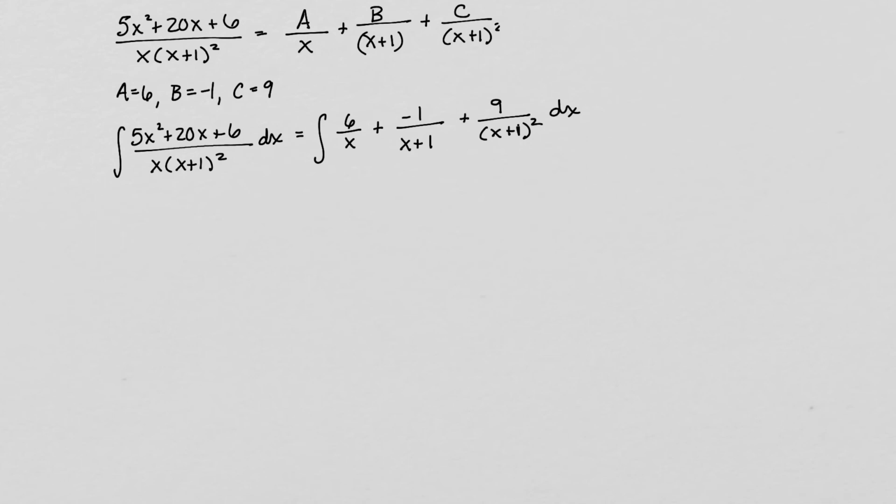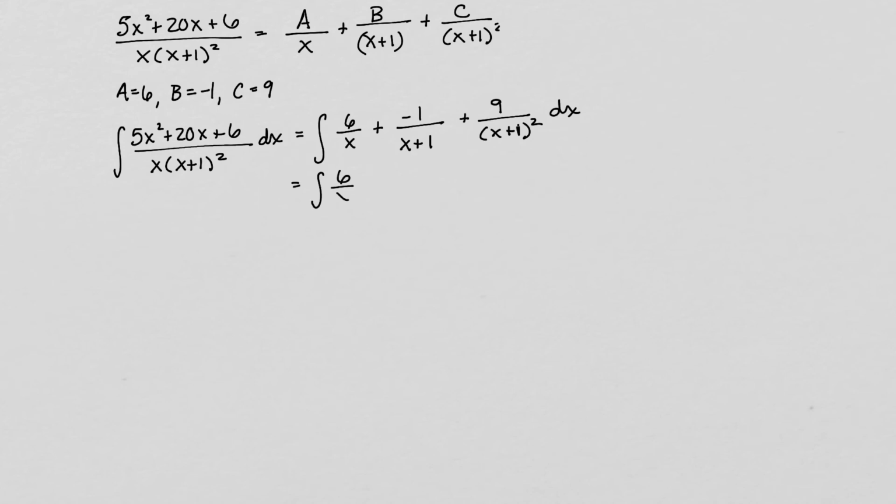And so the 6 over x, that's an easy integral to do. The negative 1 over x plus 1, that's another easy one using the trick. But 9 over x plus 1 squared, I need to use substitution.